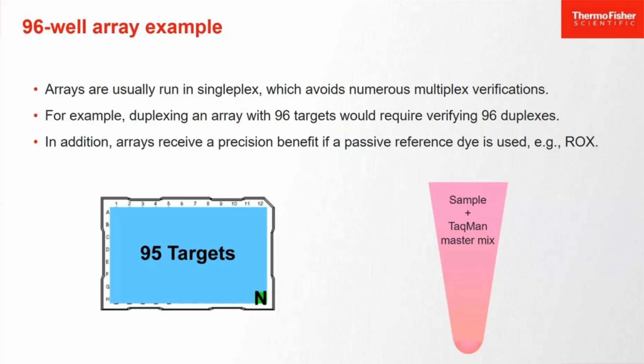But on the plus side, with an array, assuming singleplex, you get a special precision benefit if the master mix that you're using contains a passive reference dye, such as ROX. In other words, with hand-pipetted individual assays, where you're not using an array, ROX normally wouldn't give you a precision benefit when it comes to pipetting the sample. But when it comes to arrays, it does.